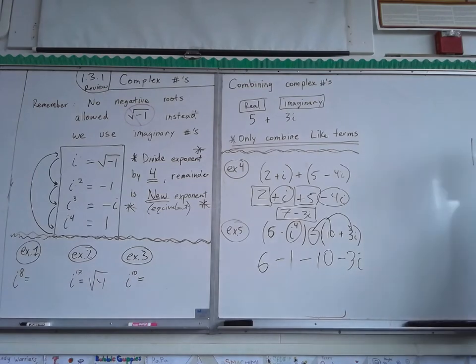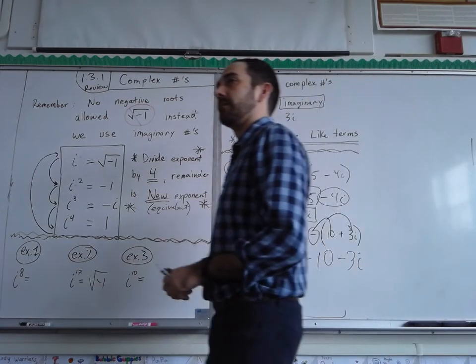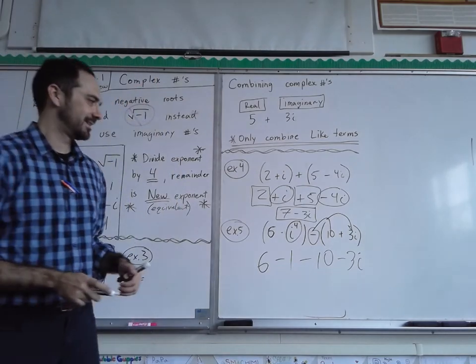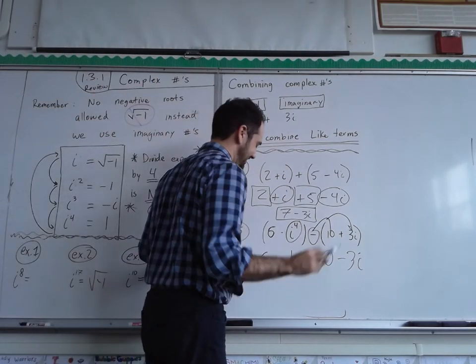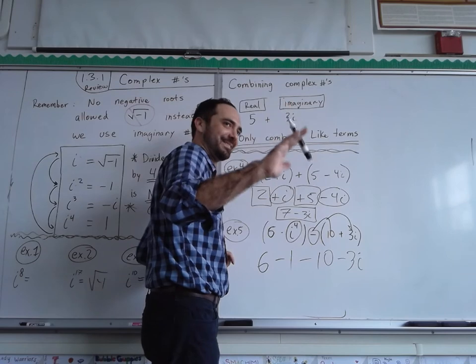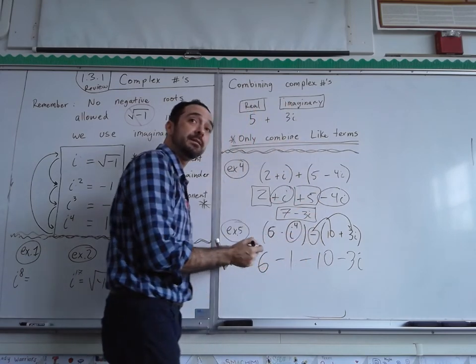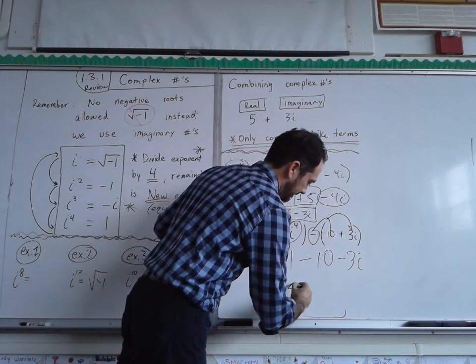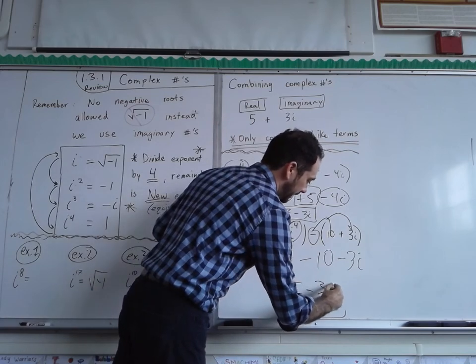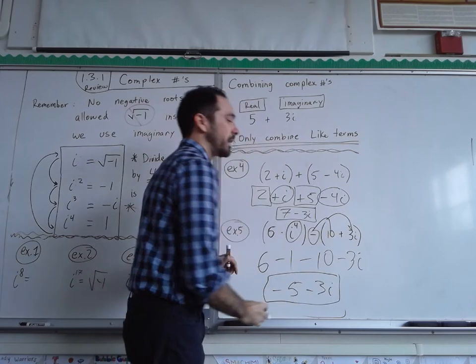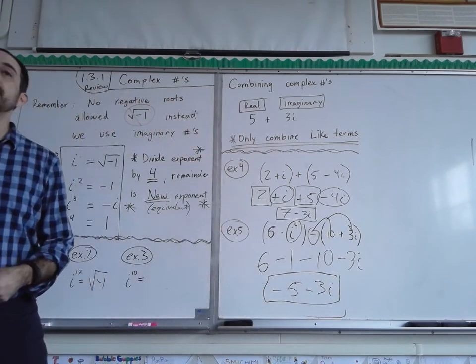Well, let's add up together all our real friends now. 6 minus 1, 5 minus 10. -5 minus 3i.